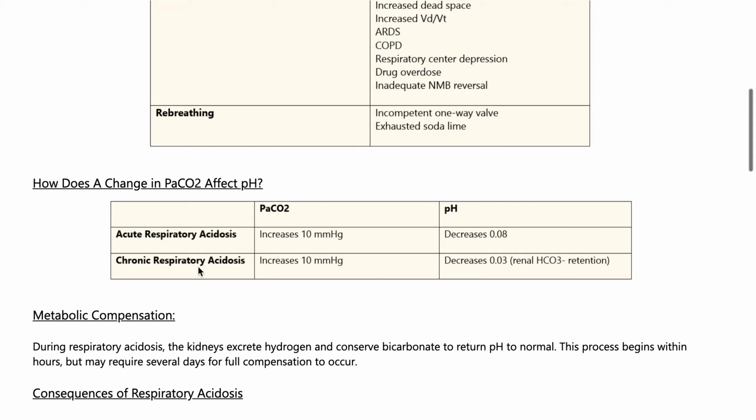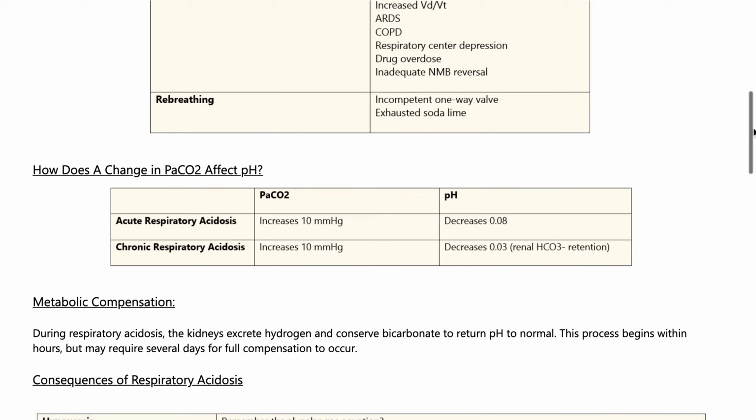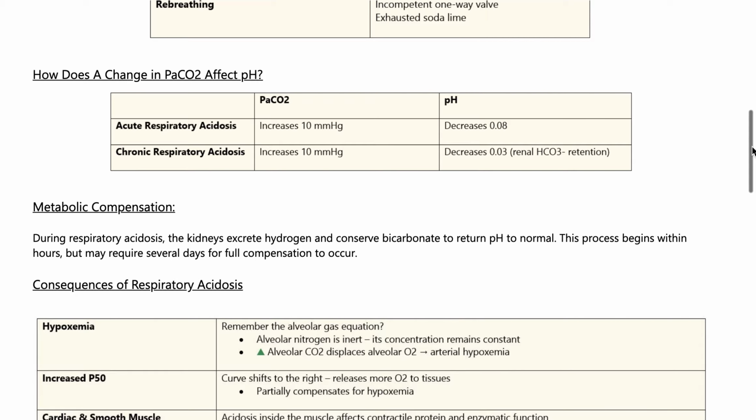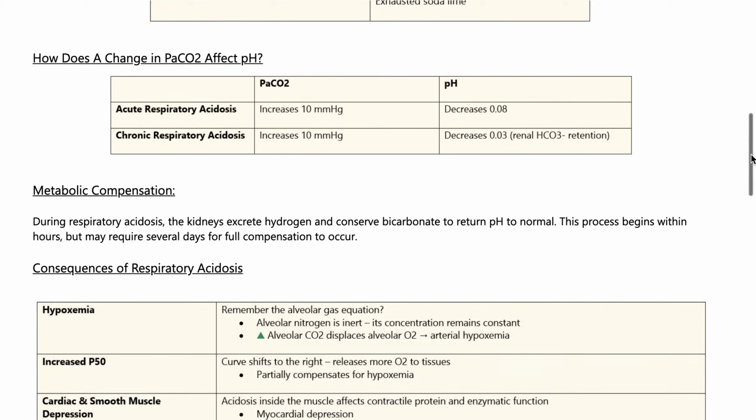Regarding chronic respiratory acidosis, the relationship is an increase in PaCO2 will decrease pH by 0.03, and this is due to the retention of bicarb from your renal system, and this occurs in chronic respiratory acidosis.